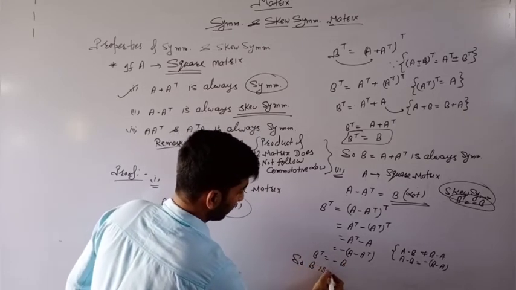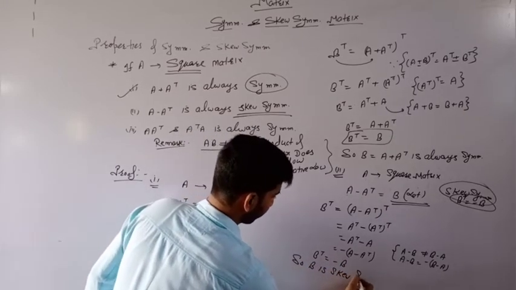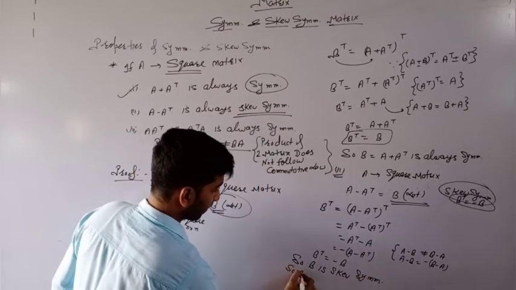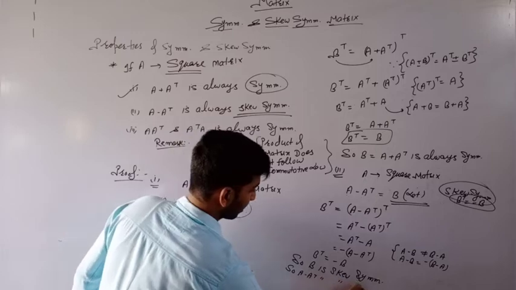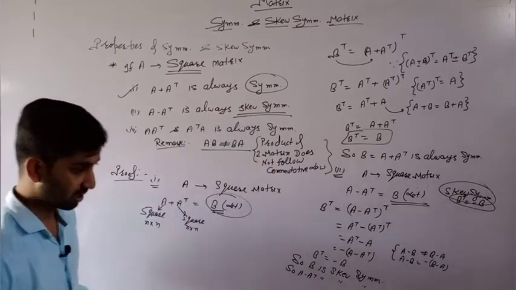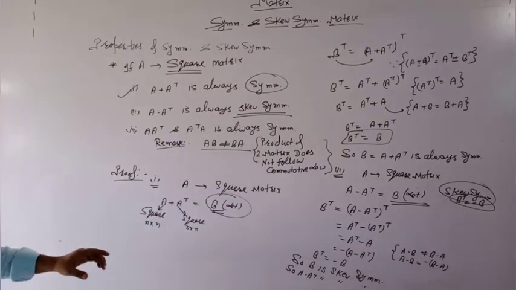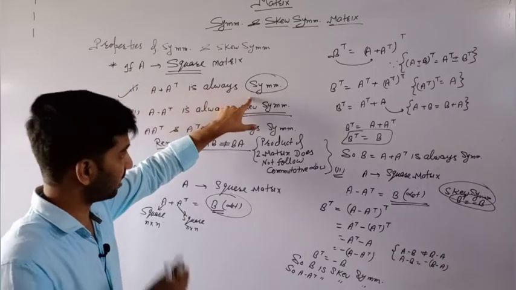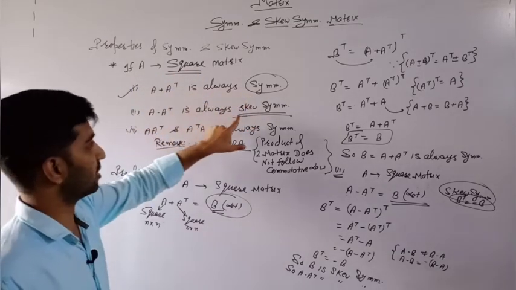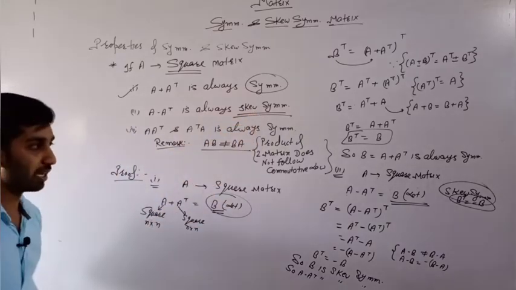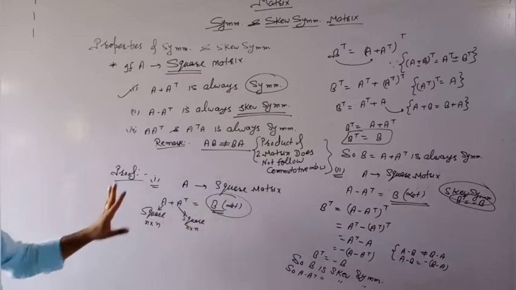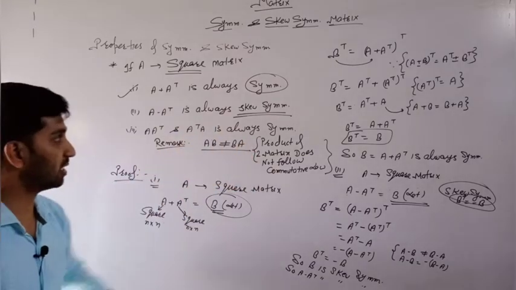So B is skew symmetric. So B, meaning A minus A transpose, is skew symmetric. So it means that for a square matrix A, A plus A transpose is always symmetric and A minus A transpose is always skew symmetric. Similarly, by using this, we can also prove that A A transpose is always symmetric and A transpose A is always symmetric.